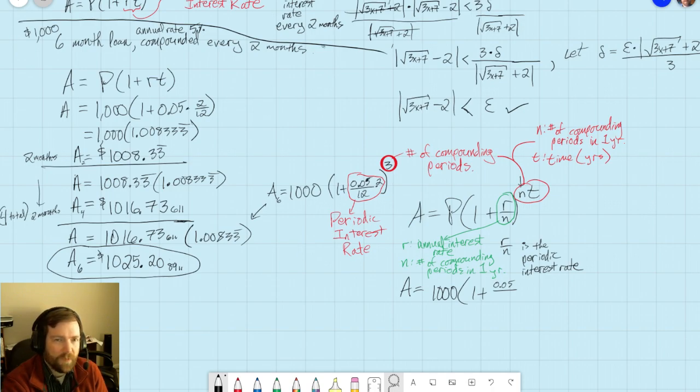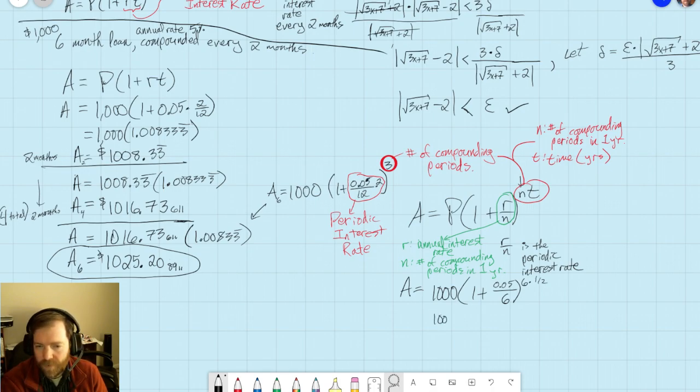Right? If it's once every 2 months, there's 6. And then we have up here 6 by the number of years. It's a half. Right? We only wanted to go 6 months. So it's a half of 6, the number of compounding periods in 1 year.